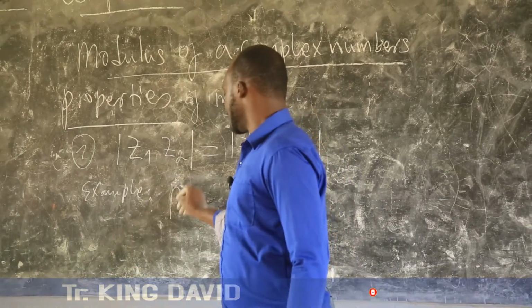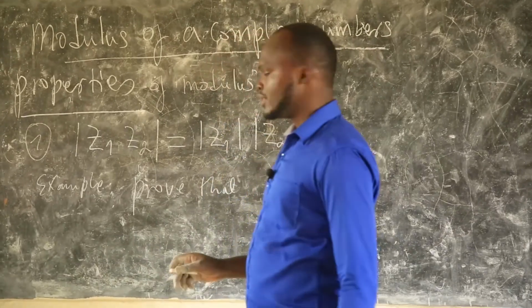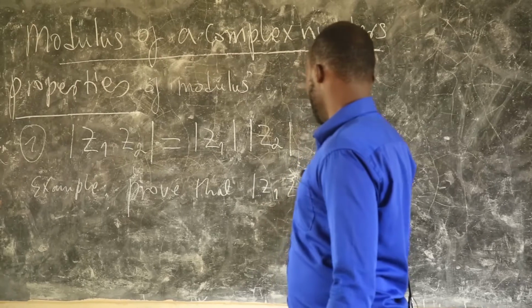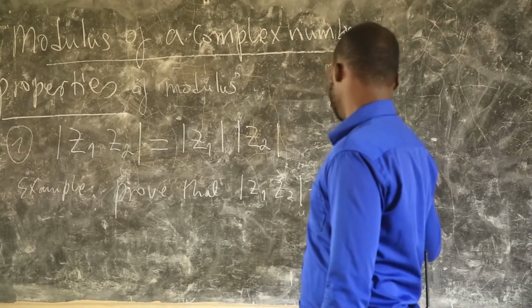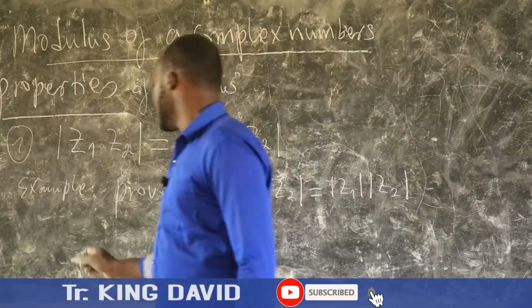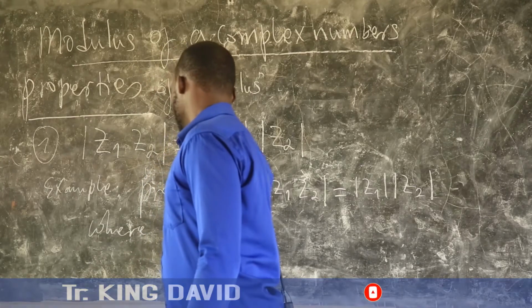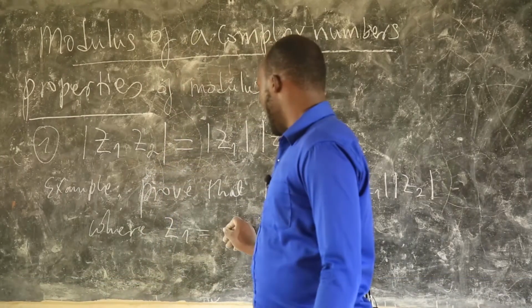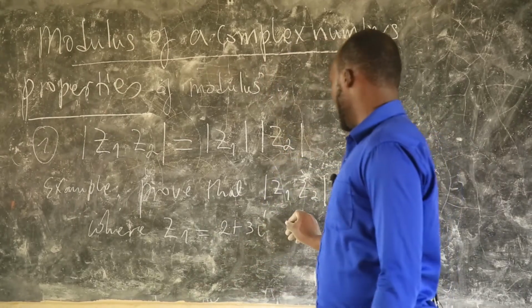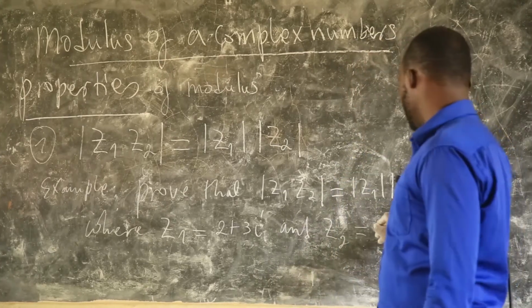Prove that the modulus of z1 z2 is the same as the modulus of z1 times the modulus of z2, where z1 equal to 2 plus 3i and z2 equal to 1 plus i.